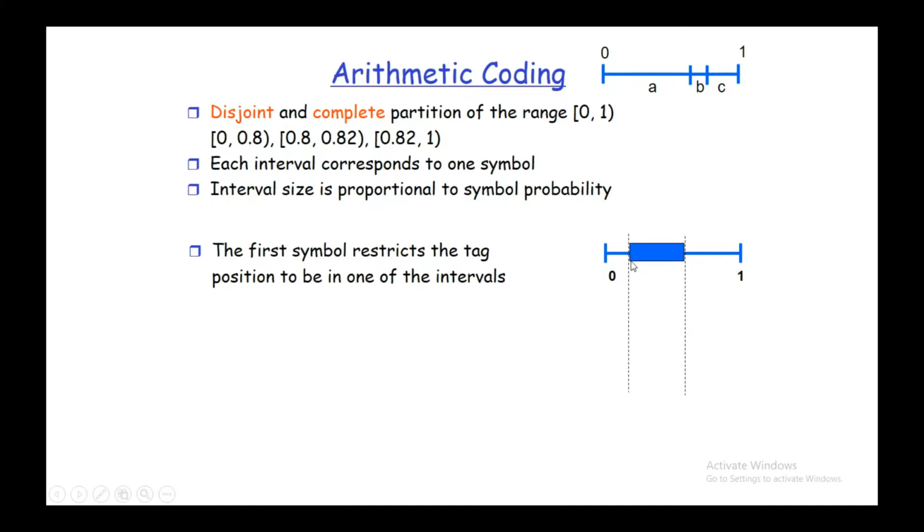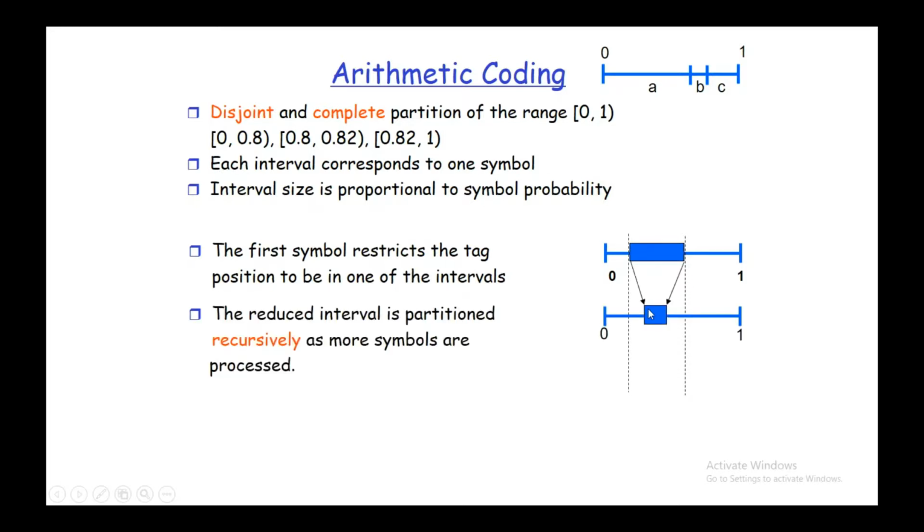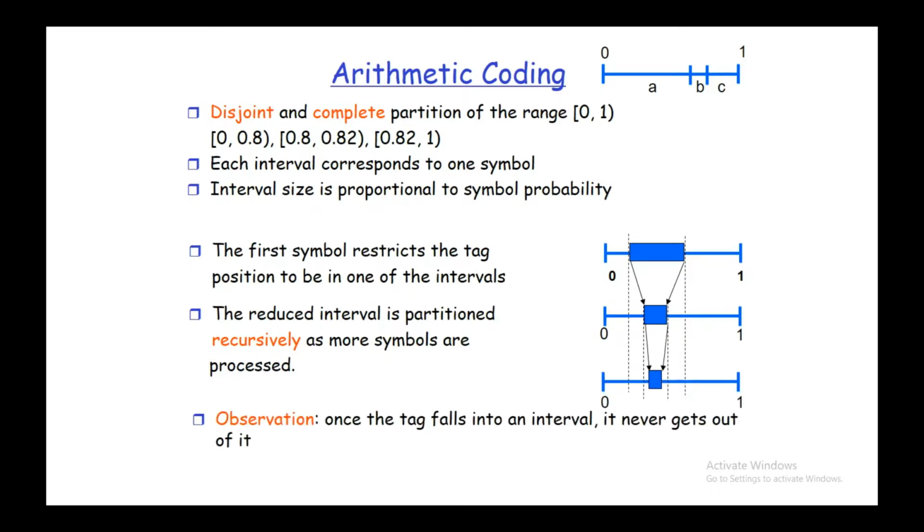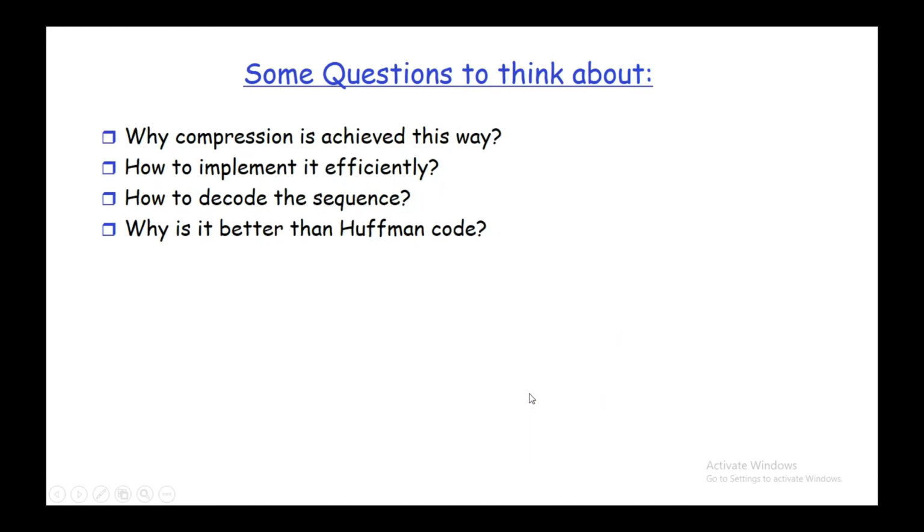So the first symbol is giving you a tag interval. You go on dividing this depending upon your second symbol or second character. Once the tag falls in an interval, it never gets out of it. We will see what it means and how we are going to calculate the tag.